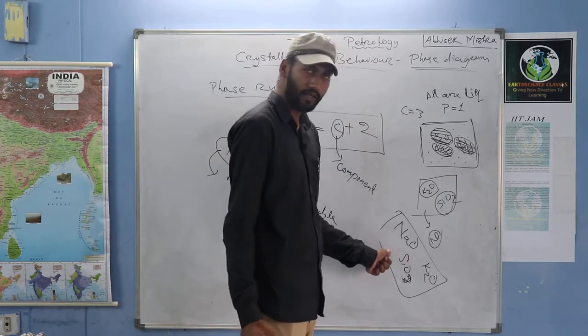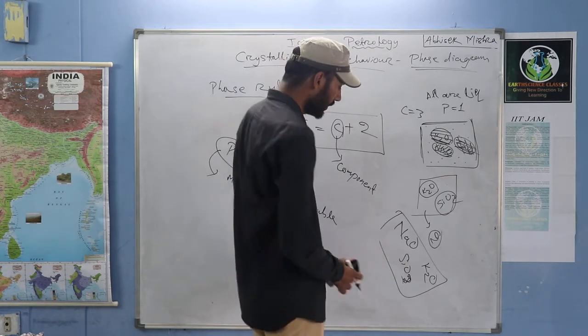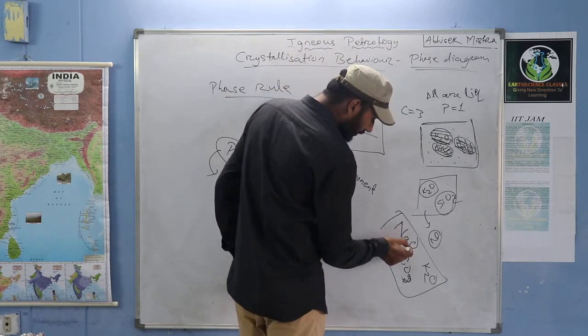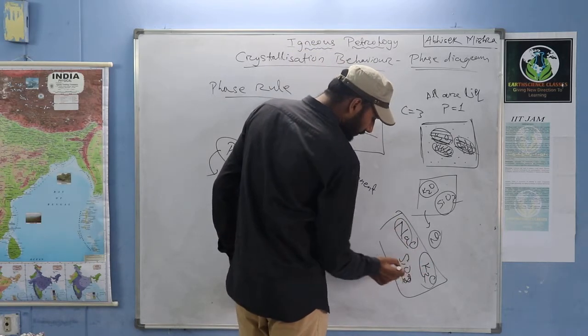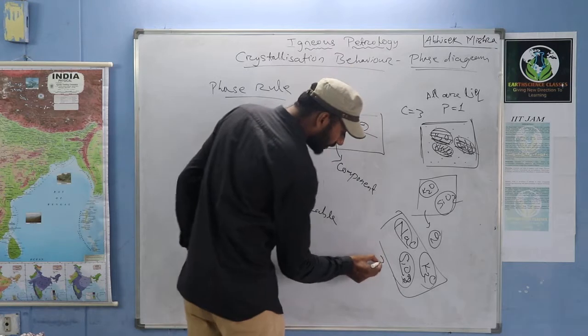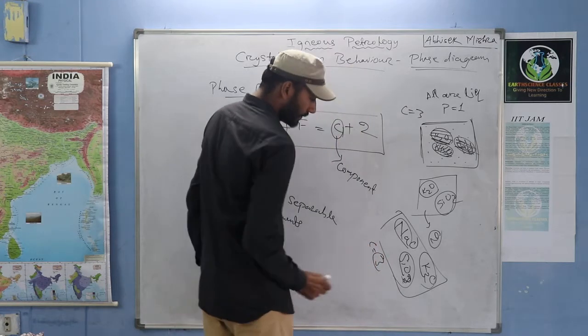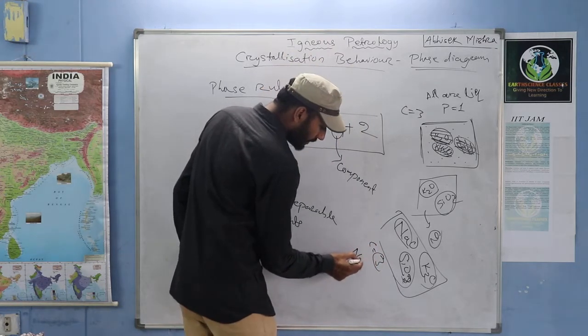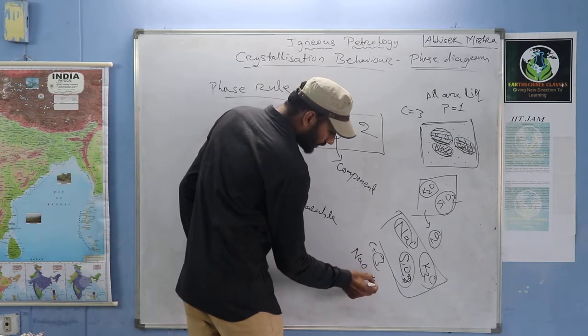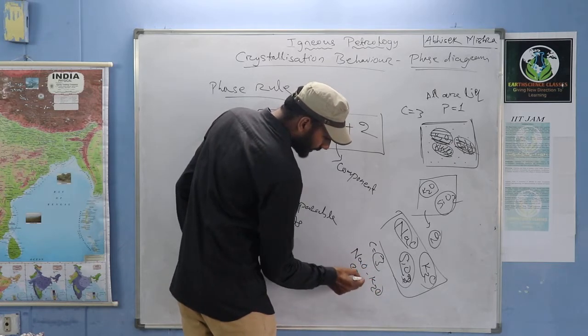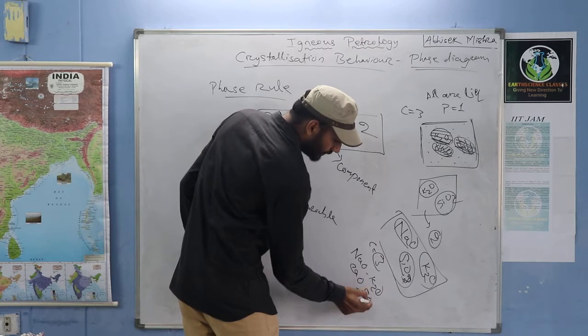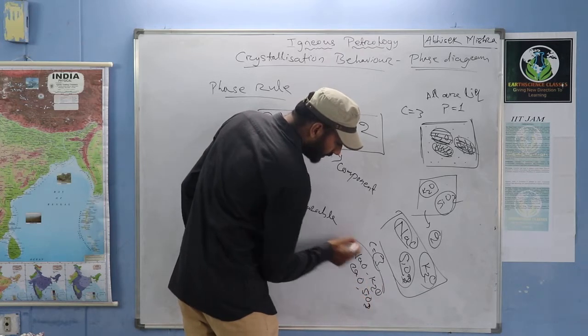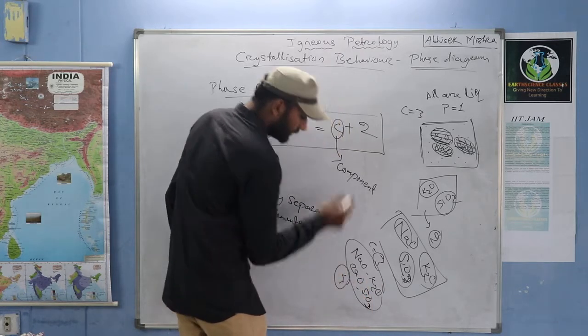I am not talking about phase now. I am only talking about components. So how many components are there? Sodium, potassium and silica. Right? So components is 3. If I am considering sodium oxide, potassium oxide, calcium oxide, silica, then how many components are there? 4 components are there.